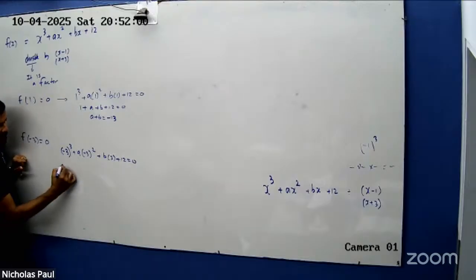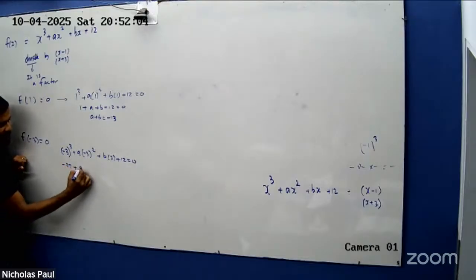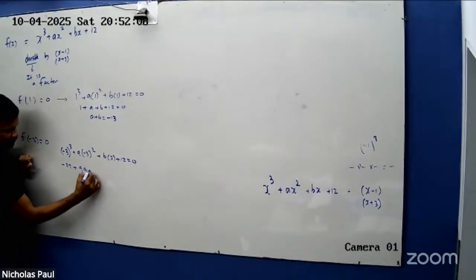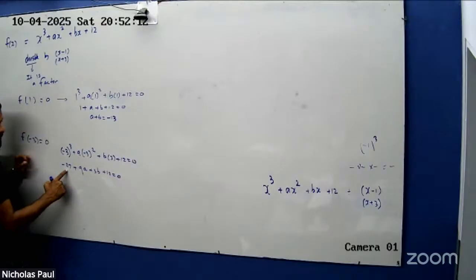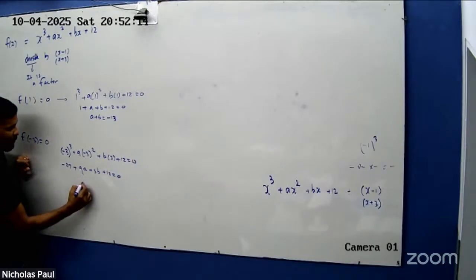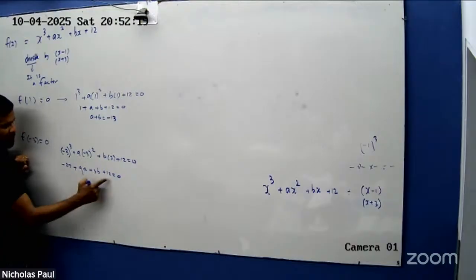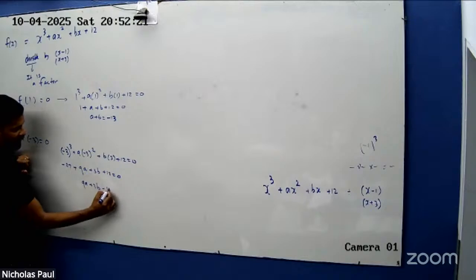When I work this out, I'll get minus 27. When I work this out, I'll get 9a. Plus minus 3b plus 12 is 0. Minus 27 plus 12, that does what? Minus 15.